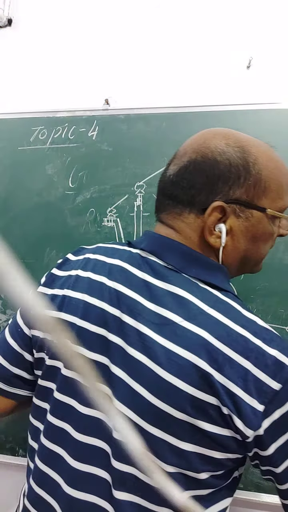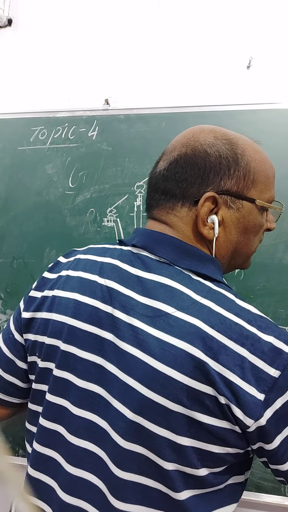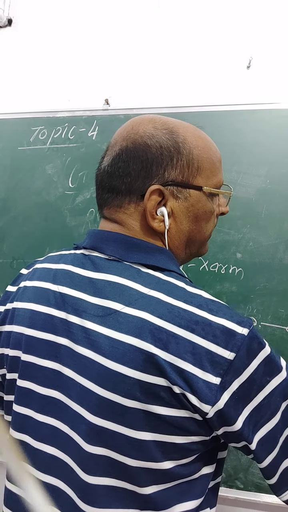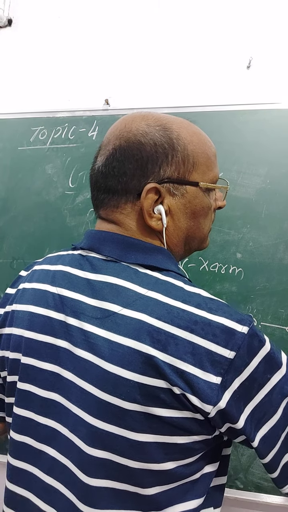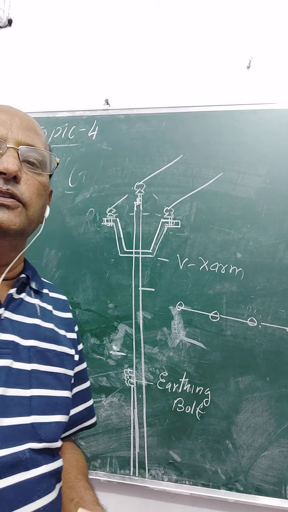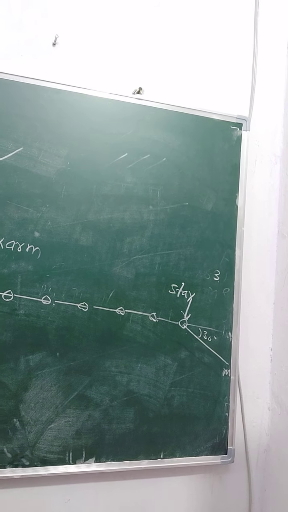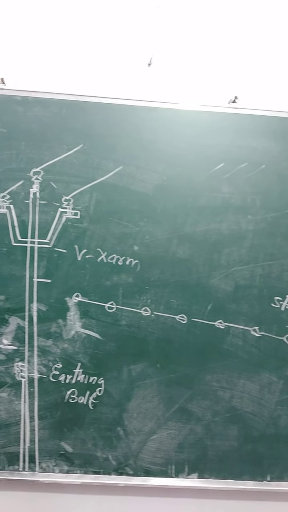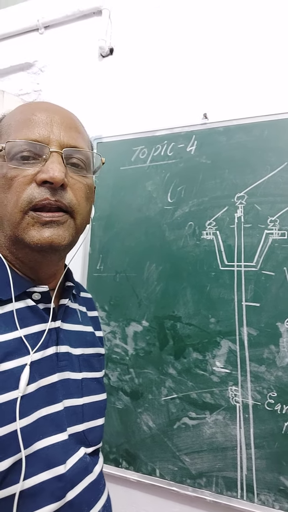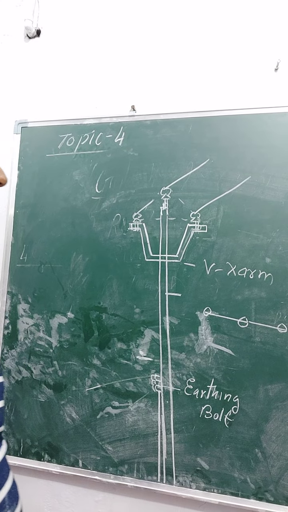Suppose here the line turns like this, more than 30 degrees. So we can provide a stay here at the turning location. And even if the line is going straight, then after 7 to 8 poles, we use one stay.